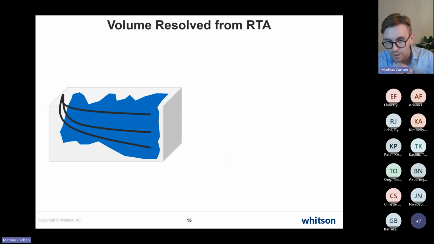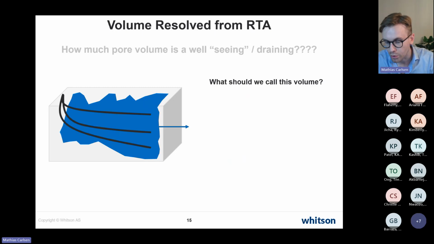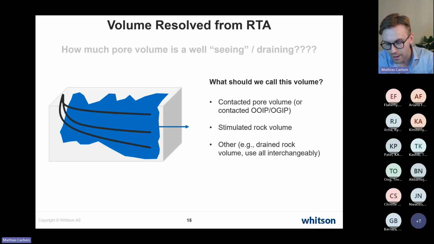This pore volume, I emphasize to you guys, we call it the contacted pore volume. Some people call it the stimulated rock volume. Some people call it a combination of all of this. Some people call it the drained rock volume.